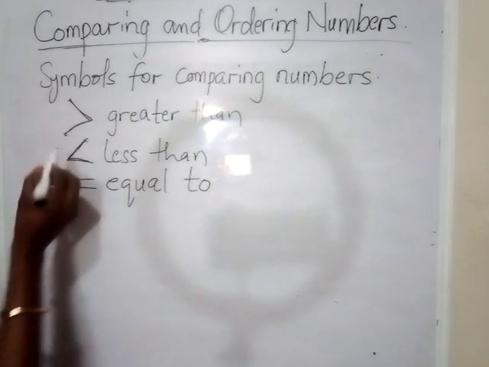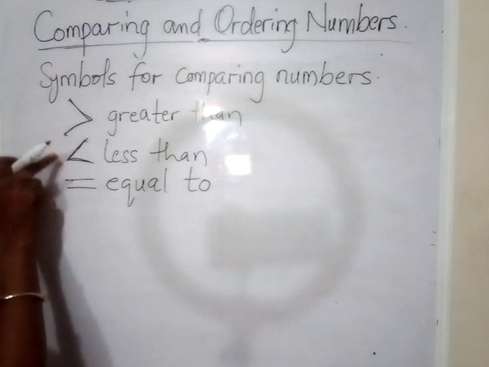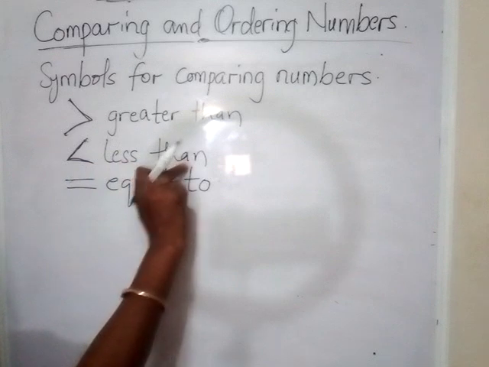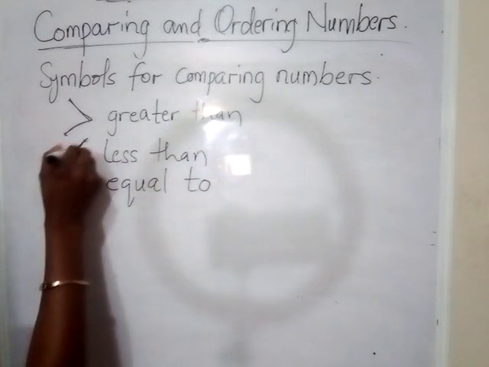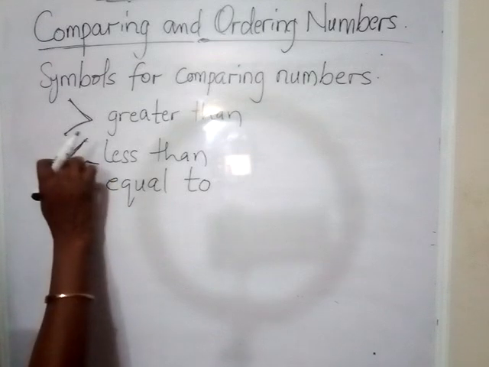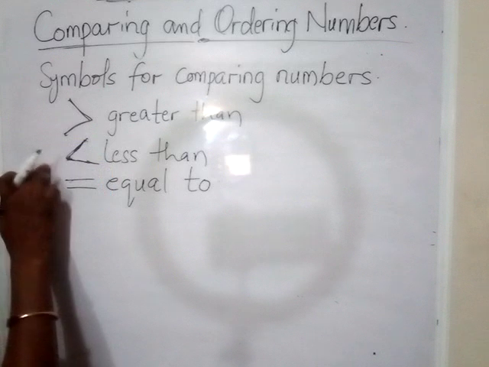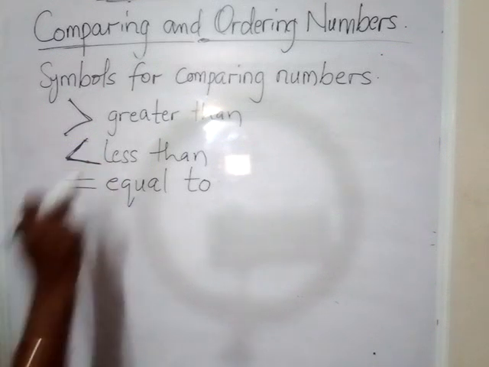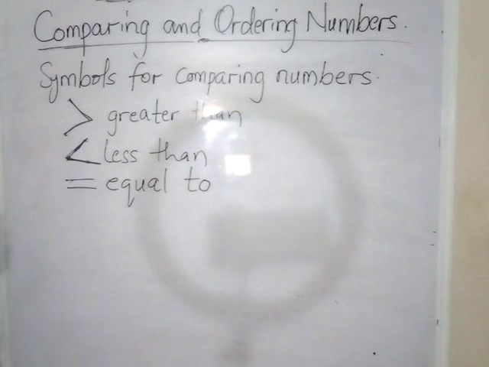So if the mouth of the crocodile is closed towards a number, that number is considered less than the other number. If the closed end of the sign is facing a number, that number is said to be smaller. Less means smaller than the other number that you are comparing it with.